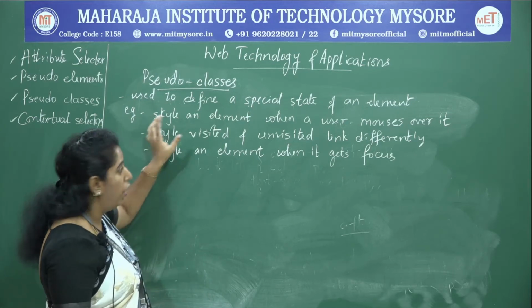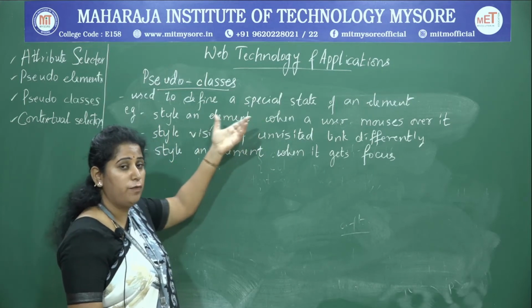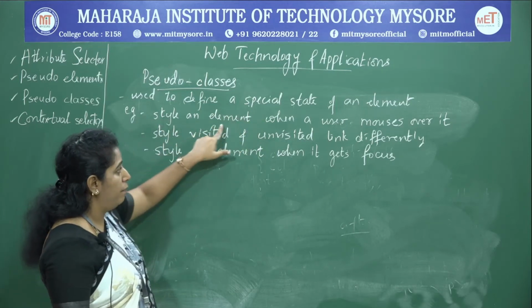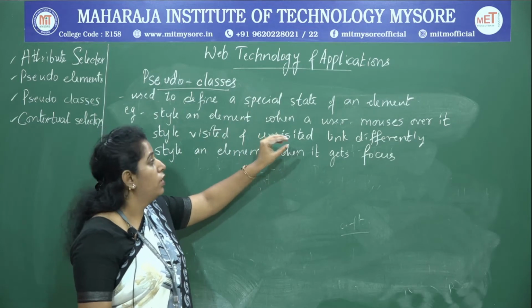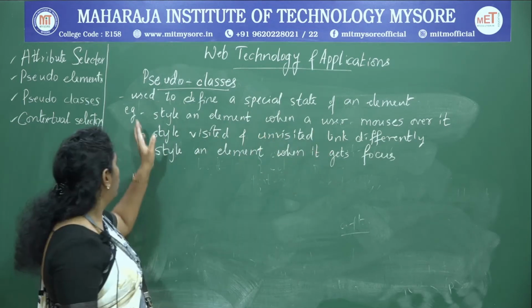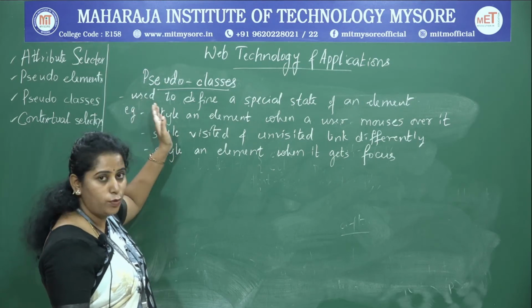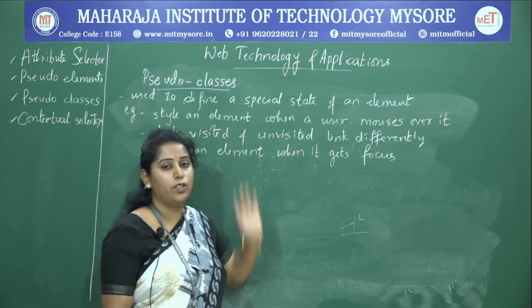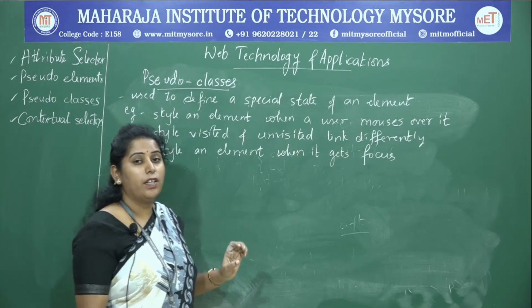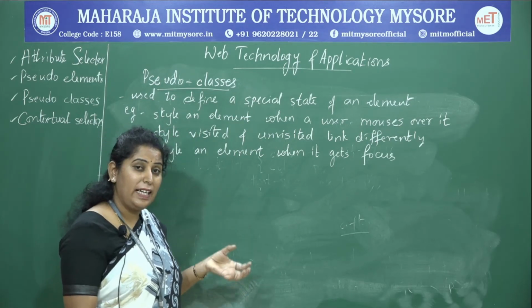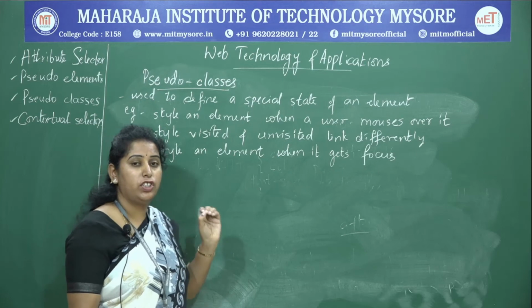For example, how you can change the special state for an element, style an element when a user mouses over it. So pseudo classes are used to define a special state of an element. We are not talking about special style, it is speaking on special state.